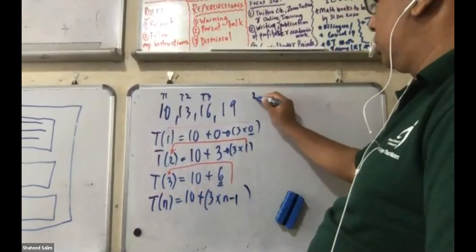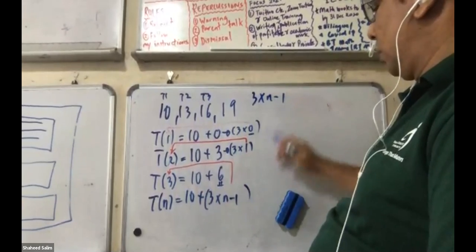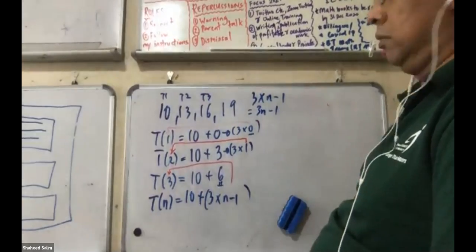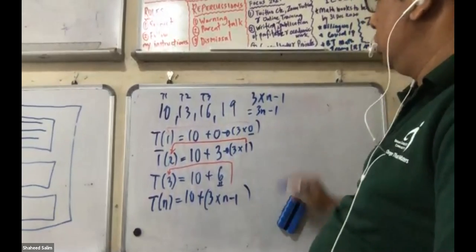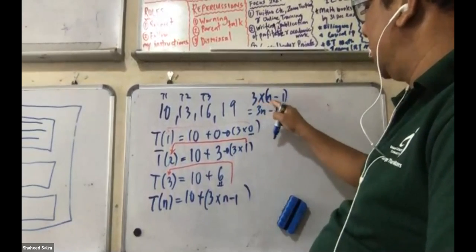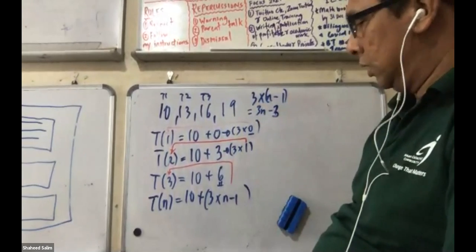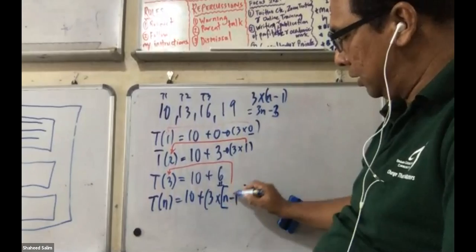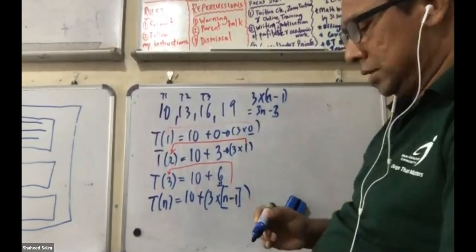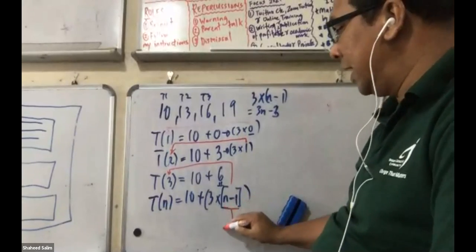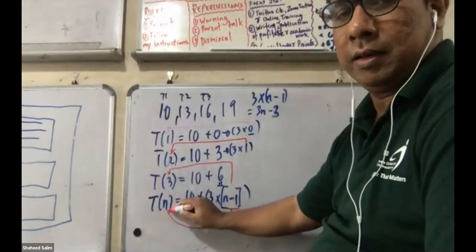If you write 3 times n minus 1, that is 3n minus 1, which is wrong. So you must put a bracket here: 3 times (n minus 1), and 3 times minus 1 equals minus 3. Then it's correct. So notice this one now is also 1 less than n.